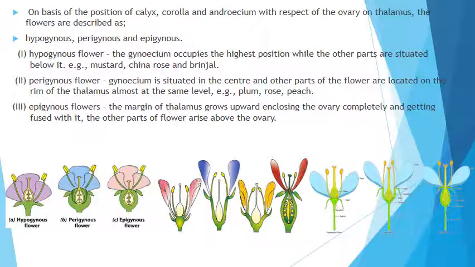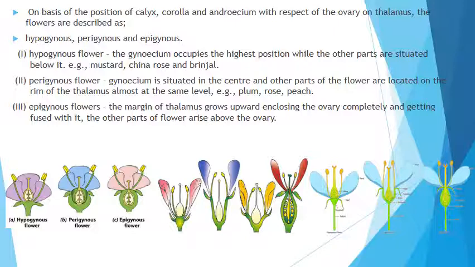Now, on the basis of the position of calyx, corolla, and androecium or gynoecium with respect to the ovary or thalamus, the flowers are described as hypogynous, perigynous, and epigynous. Hypogynous flowers are those in which the gynoecium occupies the highest position, while the other parts are situated below the ovary.